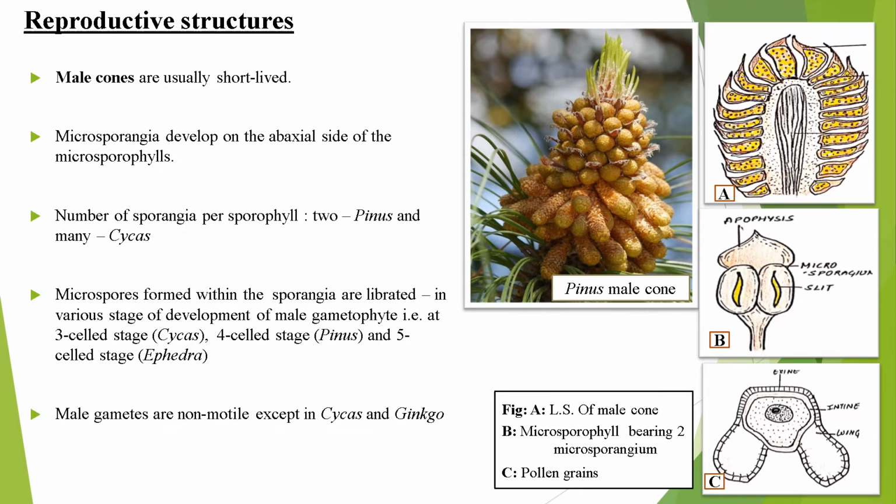The number of sporangia per sporophyll varies. It may be 2 as in the case of Pinus, or may be many as in the case of Cycas. For this you can refer to figure B. Microspores or pollen grains are formed within the microsporangia, which are then liberated during 3-cell stage as in the case of Cycas, or 4-cell stage as in the case of Pinus, and in case of Ephedra it is liberated during 5-cell stage.